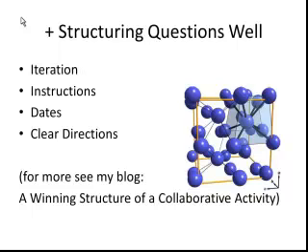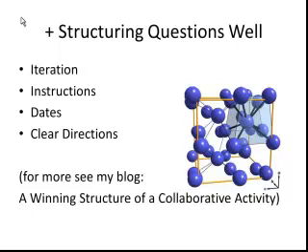Instructions are very important. You need to provide very detailed guidelines, and we already talked about this in my blog, A Winning Structure of a Collaborative Activity. You really need to tell them exactly what you want your students to do.